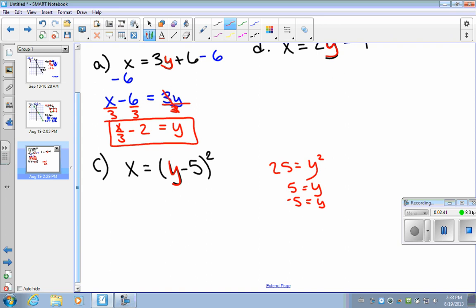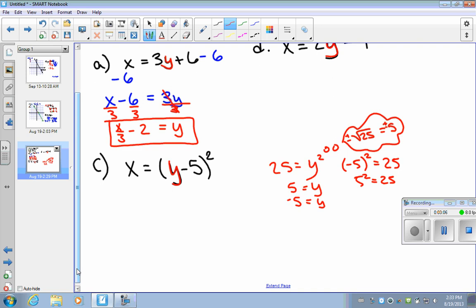And I would say you're right, because negative 5 when I square it is 25, and 5 when I square it is 25. How you got that in your mind is you're thinking, what's the square root of 25? And then you're sticking either a positive sign in front of it or a negative sign in front of it.